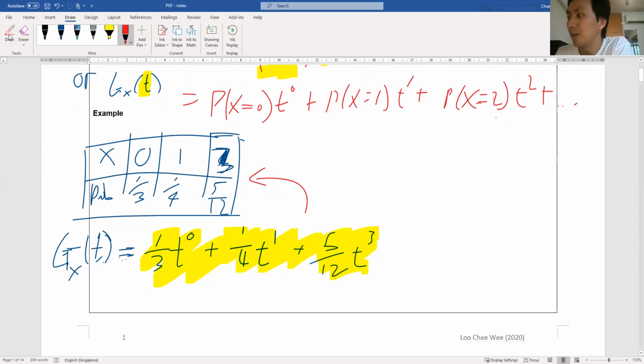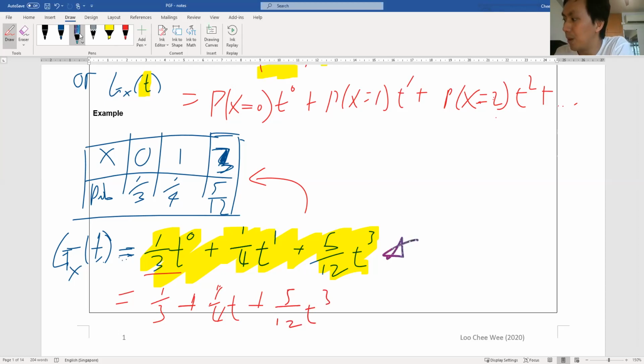So there are a few things that you will see how I did it. You may ask, then how come I don't simplify this to write as 1/3 plus 1/4 T plus 5/12 T cubed? My answer to you is no. I prefer to keep it in this form. Why?